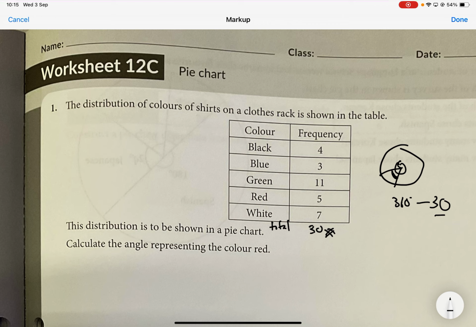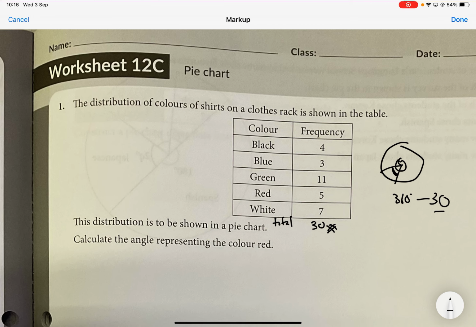The more frequency, the bigger the angle. In this case, red is 5. The total is 30. 30 is 360. So the angle occupied by red will be 5 out of 30 times 360.